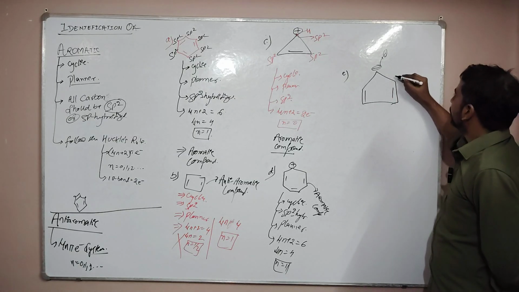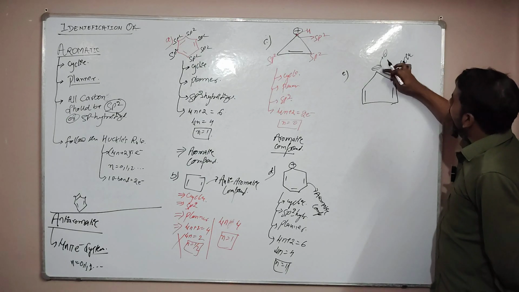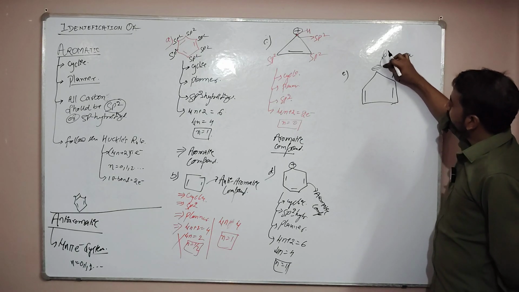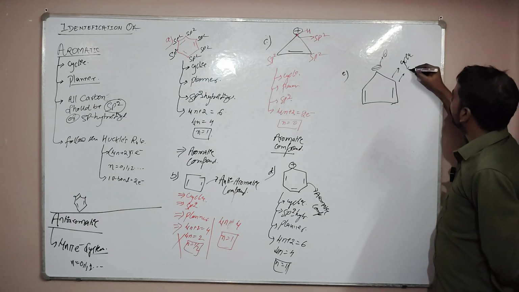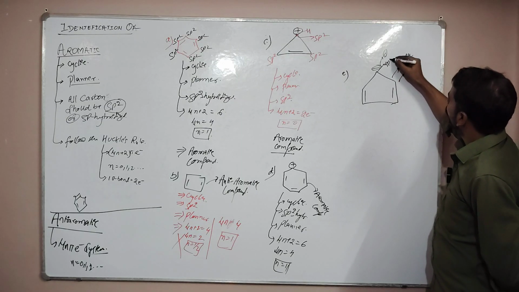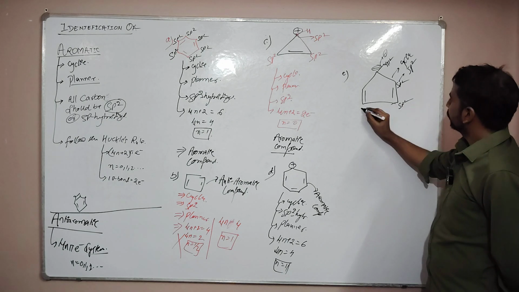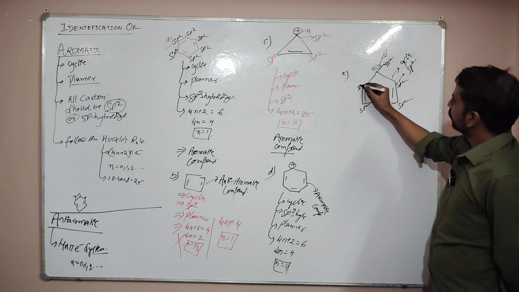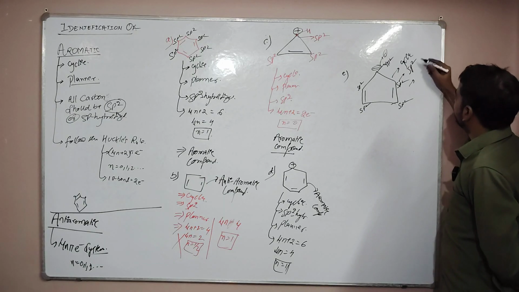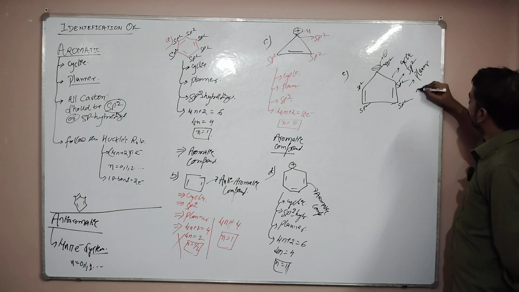So this compound is cyclic. You can see all carbons here are sp2. If we consider this electron, this carbon is sp2 hybridized, this is sp2 hybridized, all carbons are sp2 hybridized. And if all are sp2, it is a planar compound.